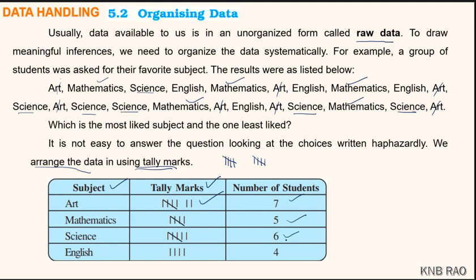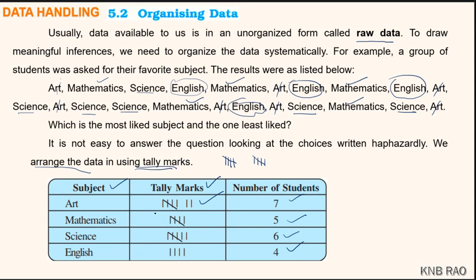So 6 students like science, and English is liked by 4 students, 1, 2, 3, 4, totally 4 students like English. So we make a table for the given raw data and put it in a systematically organized form. Okay, this is called organizing data.